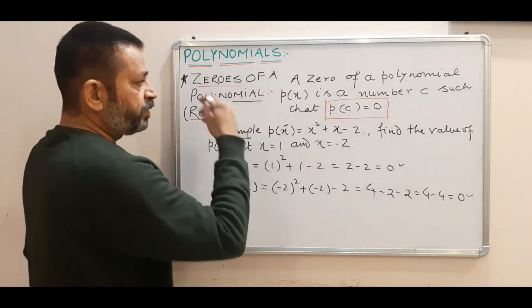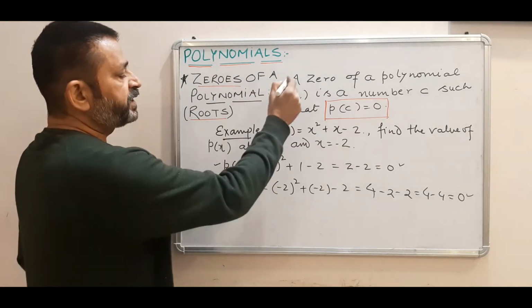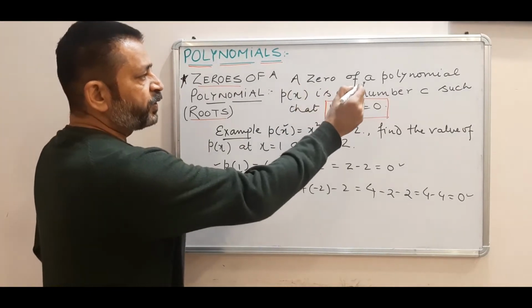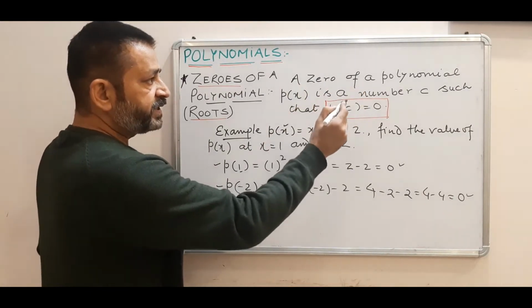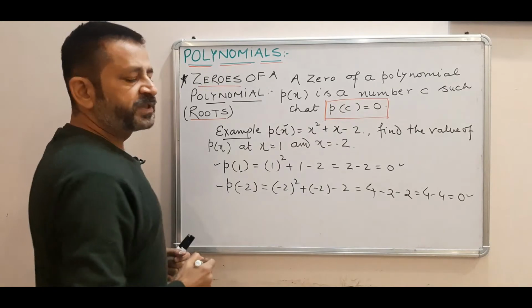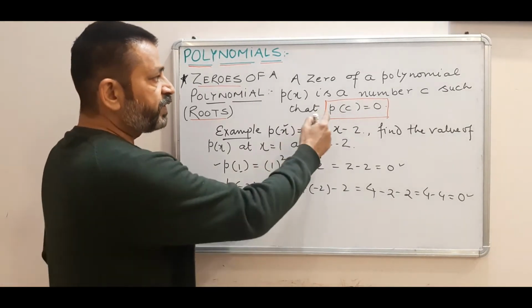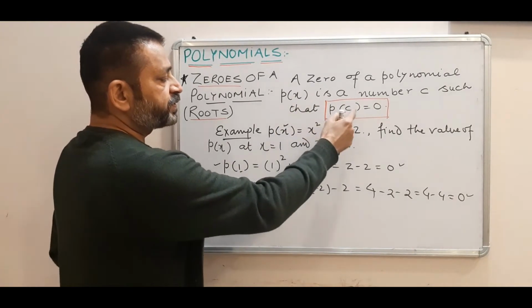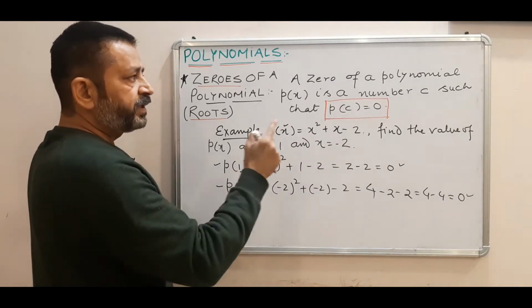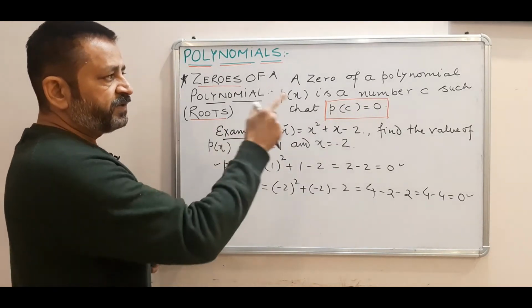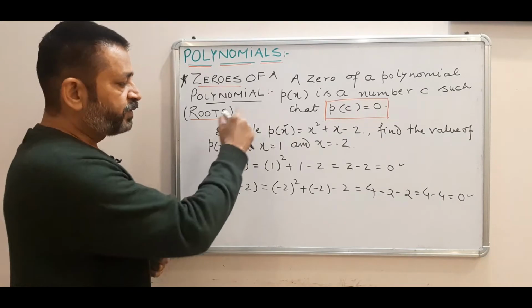So now we'll come back to the definition. It says a zero of a polynomial p(x) is a number c such that p(c) is equal to 0. p(c) means the value of p(x) at x is equal to c. If it is 0, then c will be the zero of the given polynomial.